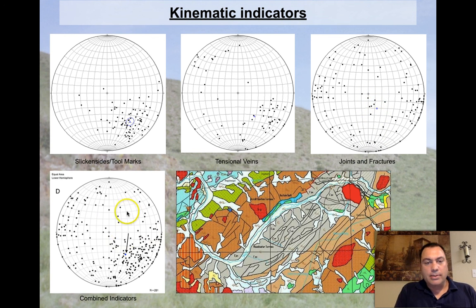When we put them all together and get an average of them, sure enough, the average turns out to be right here. And when you put it on the map, all of those data suggest a perfectly orthogonal separation along the fault between the Mandel rocks and the Carboniferous. So it suggests that the fault is moving in a motion down to the southeast.